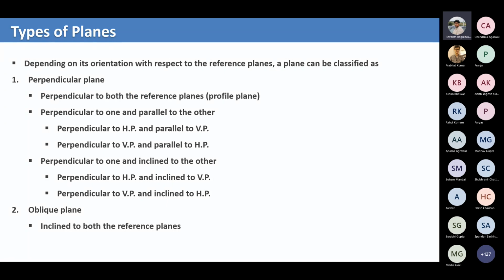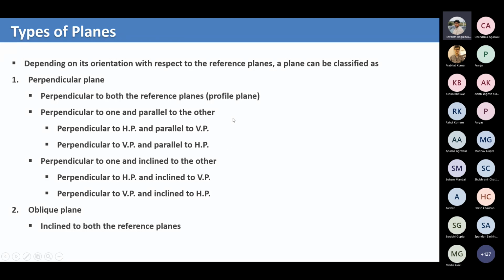So these are the different types of planes. The first thing is profile planes. Everyone knows what profile planes are. Our main horizontal plane and vertical plane are the profile planes. And then we have planes perpendicular to HP and parallel to VP, and perpendicular to VP and parallel to HP.